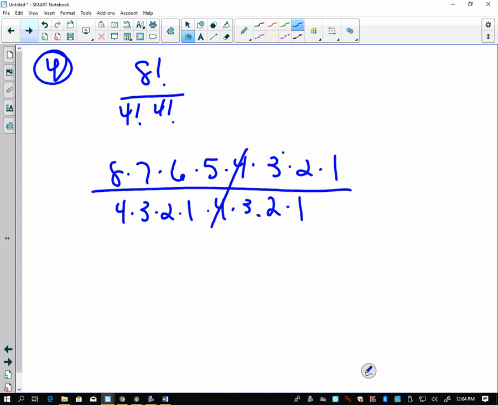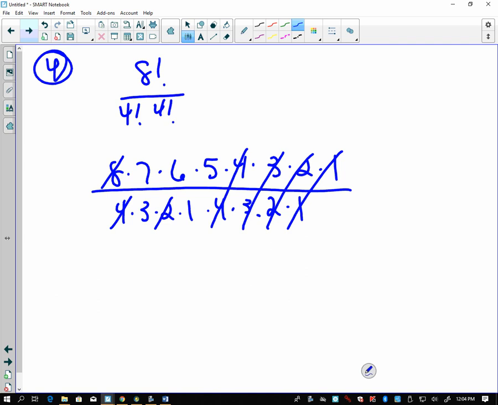So you can see these are all going to cancel out. And you can cancel out 4 and 2 and take care of the 8, because 4 times 2 is 8, leaving you with 7 times 6 times 5.